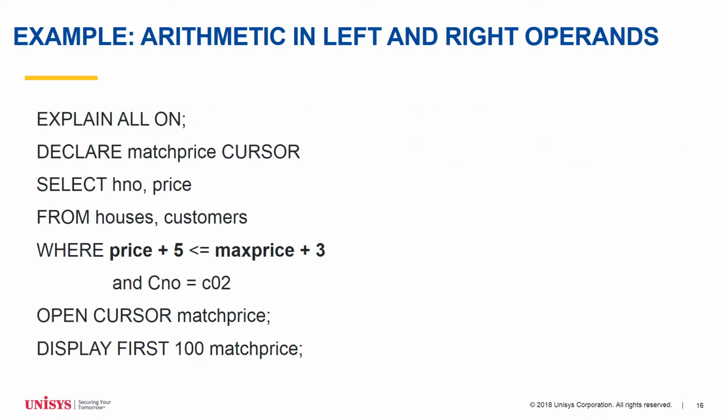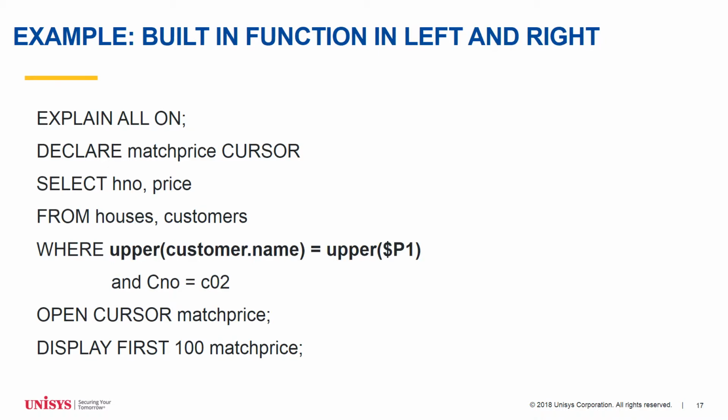In this example, the left and right operands of the first predicate in the where clause are arithmetic expressions, specifically price plus 5 and max price plus 3. In this example, the left and right operands of the first predicate in the where clause are built-in functions.